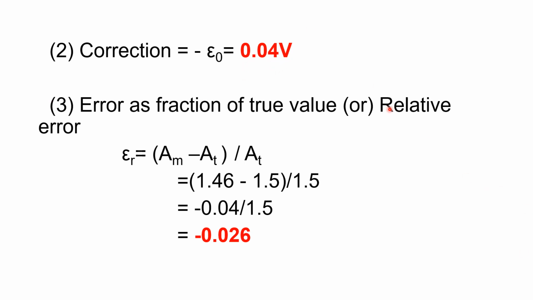Next is relative error, epsilon r. Okay, the relative error formula is absolute error divided by true value. So we have substituted the measured value as 1.46 minus the actual or true value as 1.5. The difference between them is the absolute error, as already we have calculated, minus 0.04.